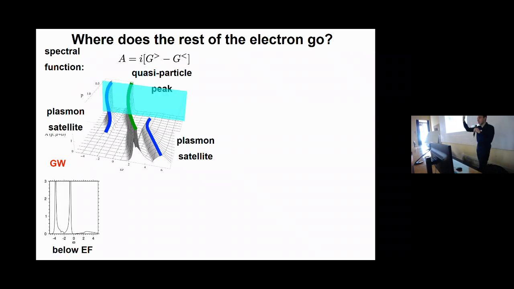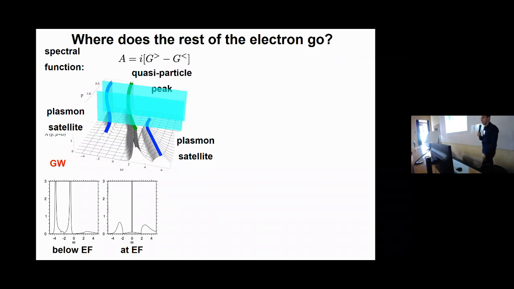And if you make cuts of this spectral function, it's very nice to see that for momenta below the Fermi energy, you nicely see this broadening of the quasi-particle peak, plus a rather sharp plasmon peak. But exactly at the Fermi energy, the width of this peak becomes exactly 0.